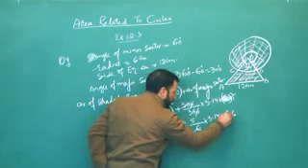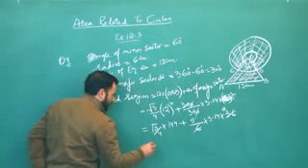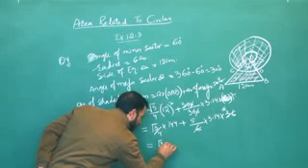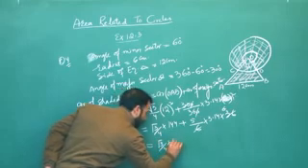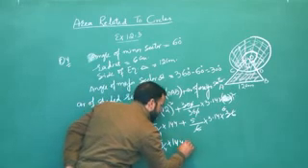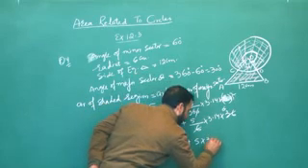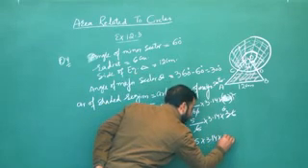So we cancel here 6 and 6. It implies square root of 3 by 4 into 144 plus 5 into 3.14 into 6.